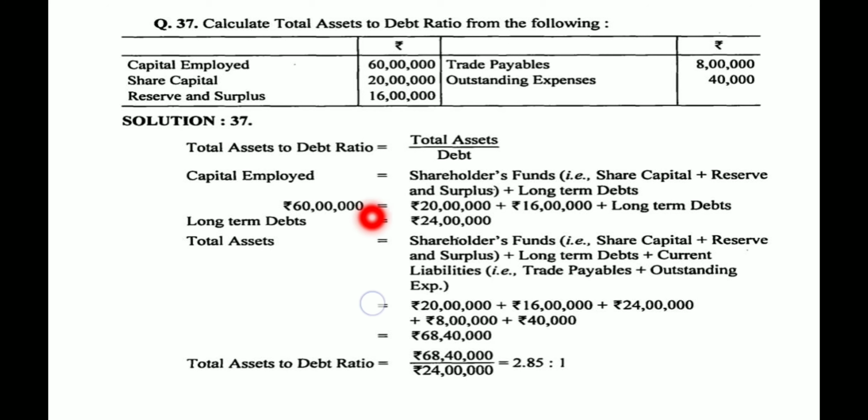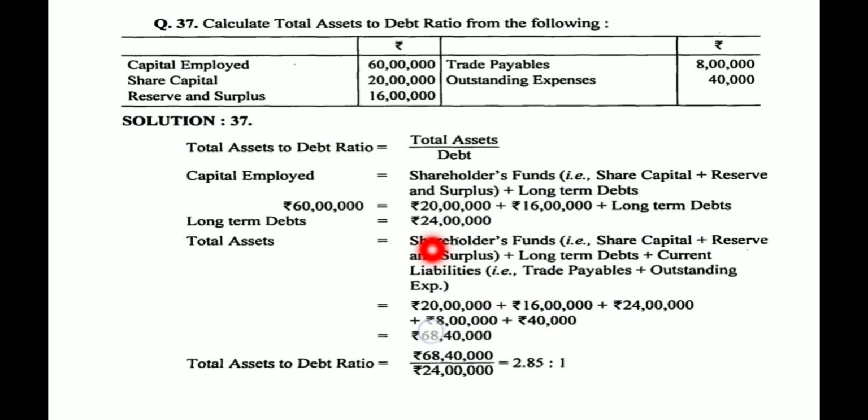And after that, you don't know the long term debts because you have to find the debt here. So capital employed is 60 lakh, shareholders' fund is 20 lakh, 16 lakh is reserves and surpluses, and long term debts are treated as X, that is a variable. So your long term debts are calculated here.